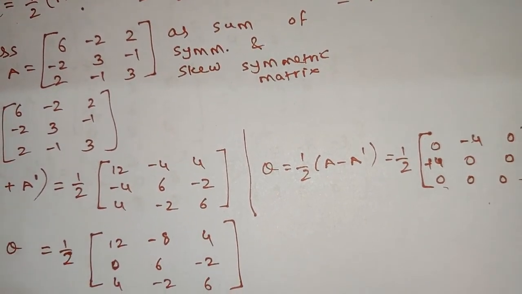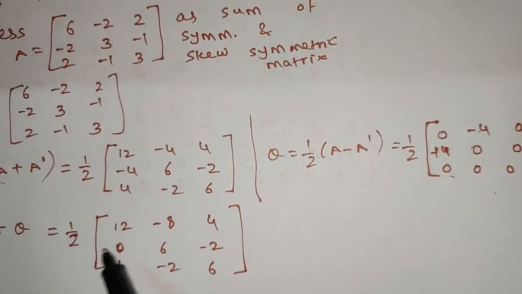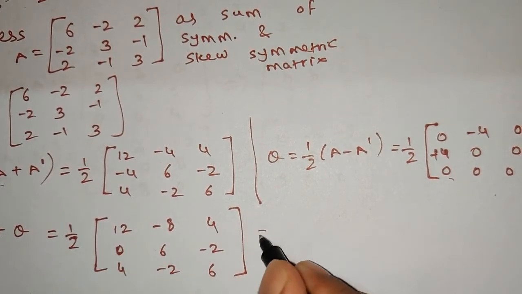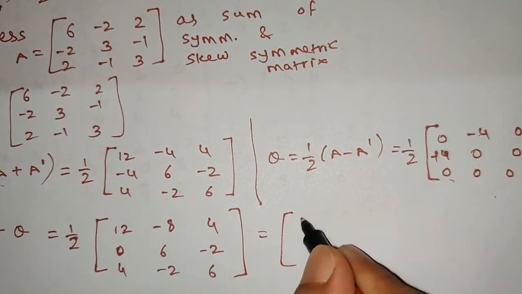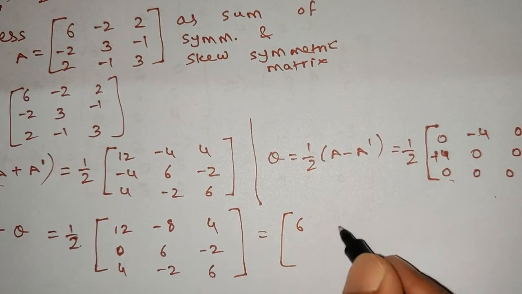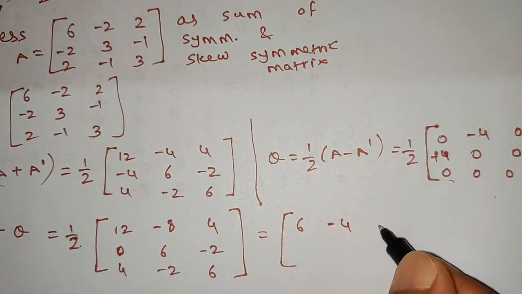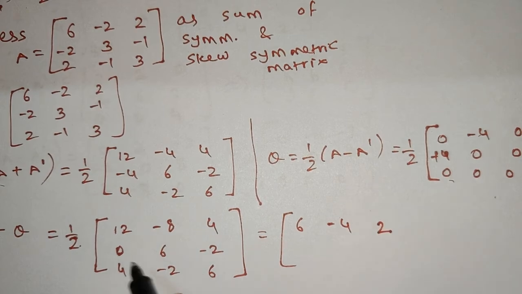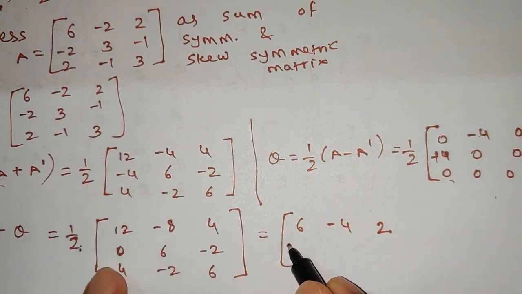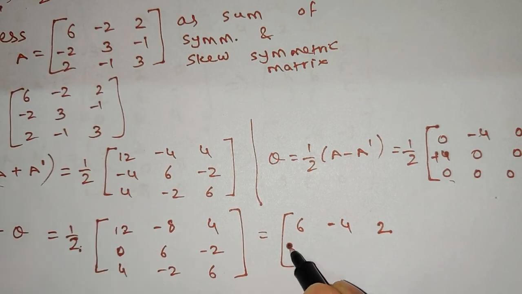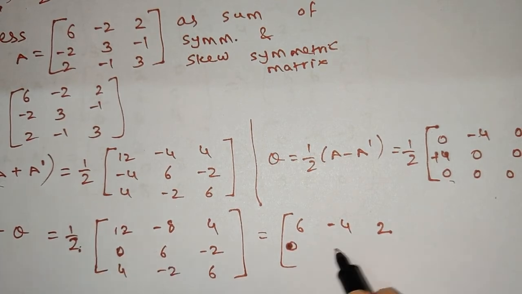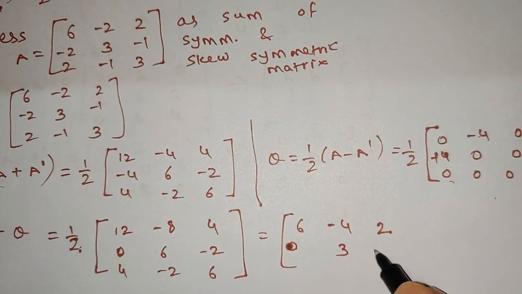Now if I multiply by half here, what I'll get is half of 12, half of minus 8, then half of this, then again half of 0, that is 0 again, then 3, then minus 1, it's again 2.